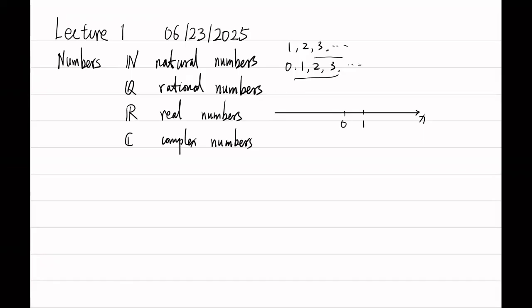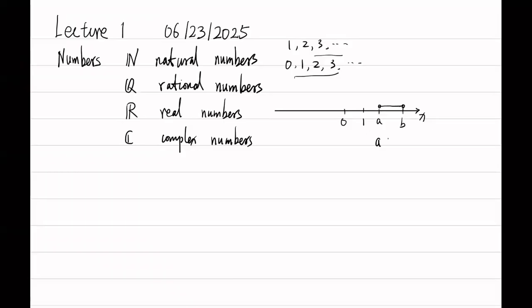For every number we have a, b. Then we have the notation. We want to use a notation to represent all the numbers between a and b. There are different ways to do this. Some use empty end circles.